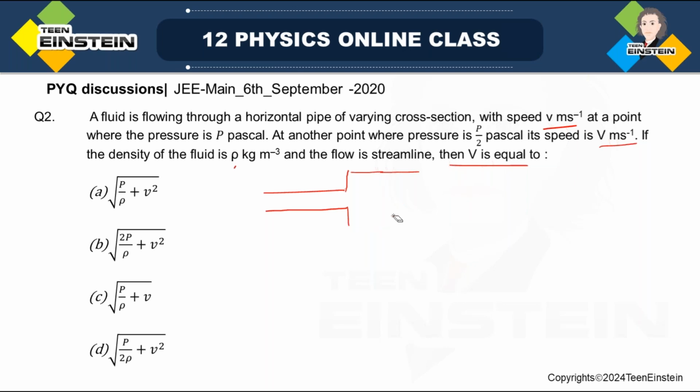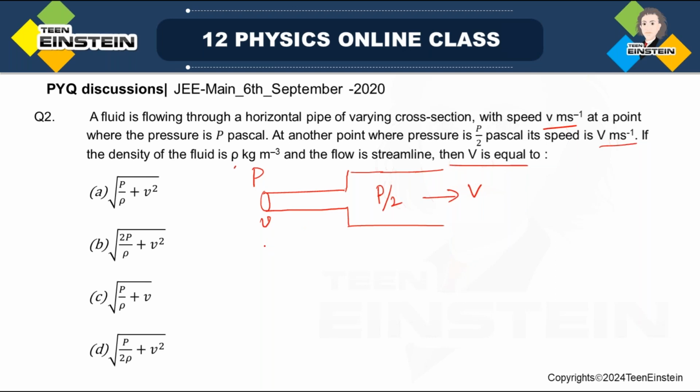This is where you will get the advantage. At this particular position, speed is small v and pressure is P, and here pressure is P by 2 and speed of the fluid is capital V, so that it becomes a streamline. For a streamline flow, we can apply Bernoulli's theorem.